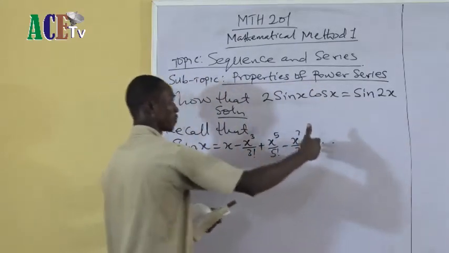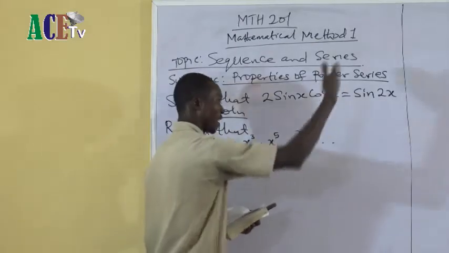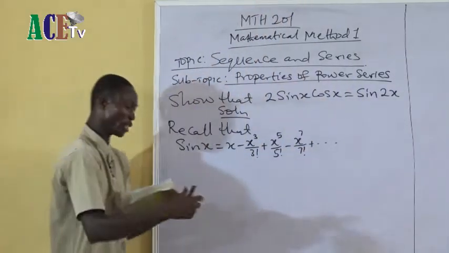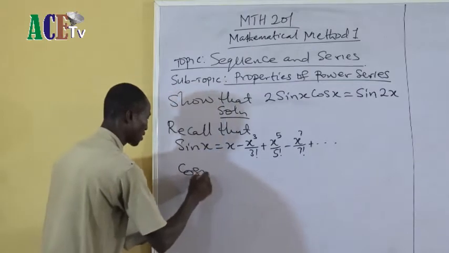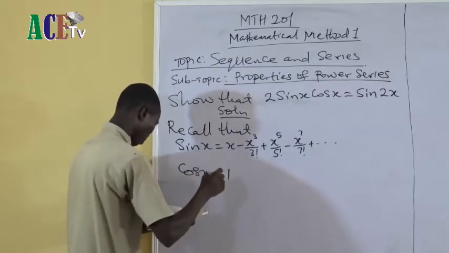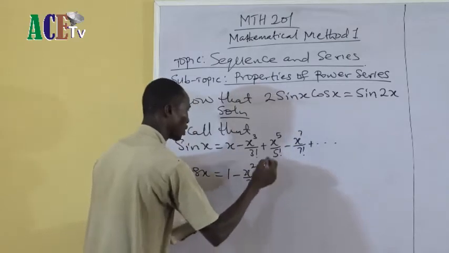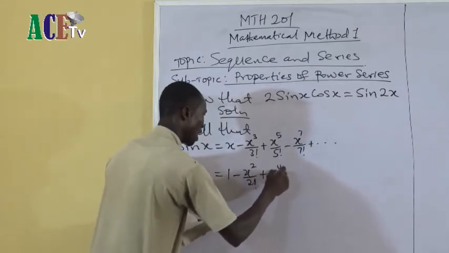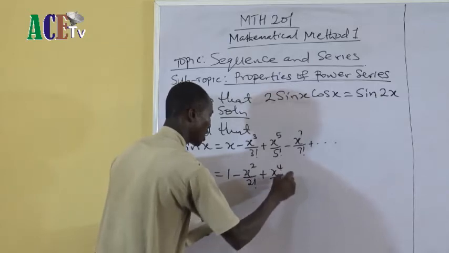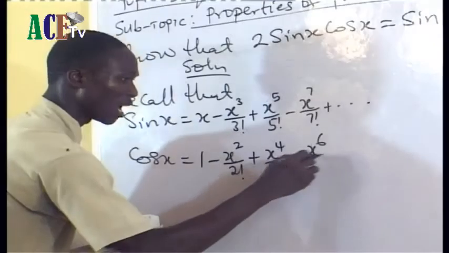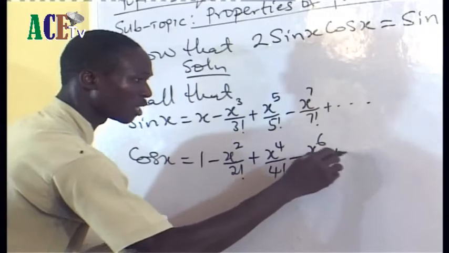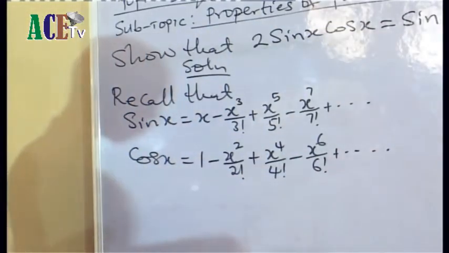Don't forget, this one can be expanded to plus x raised to power 9 over 9 factorial to infinity, while cos x is 1 minus x raised to power 2 over 2 factorial plus x raised to power 4 over 4 factorial minus x raised to power 6 over 6 factorial, and so on.